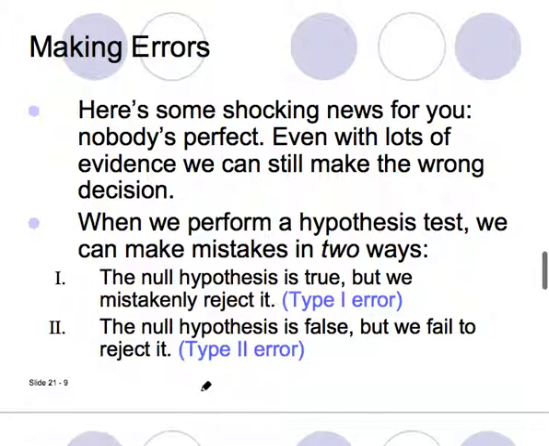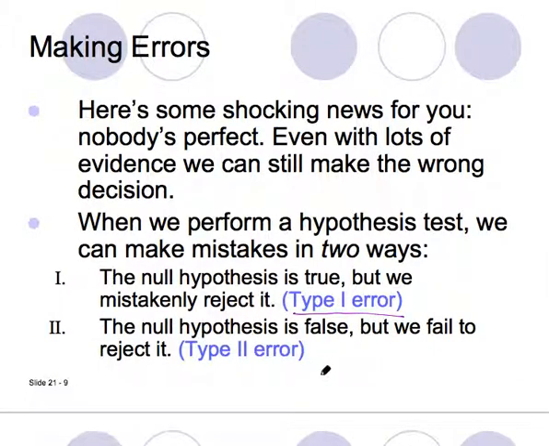Well, some mistakes can happen. There are 2 different situations of mistakes that can happen. One is that the null hypothesis is true and we accidentally reject it. That is a type 1 error.